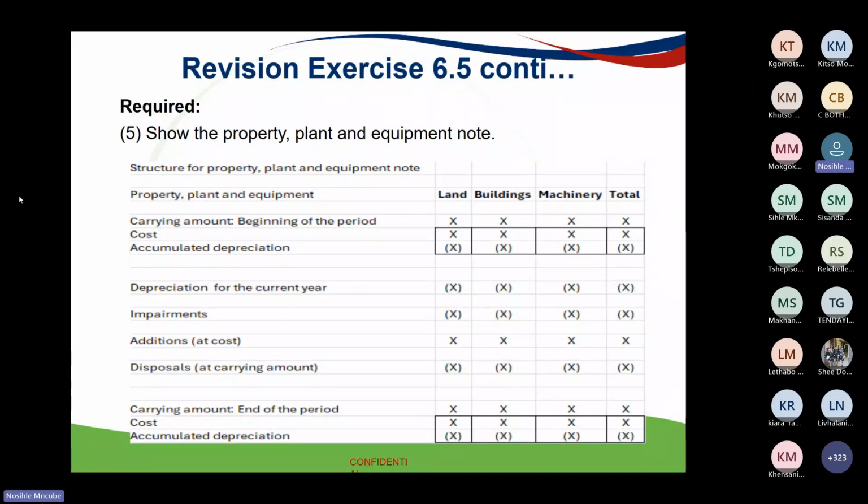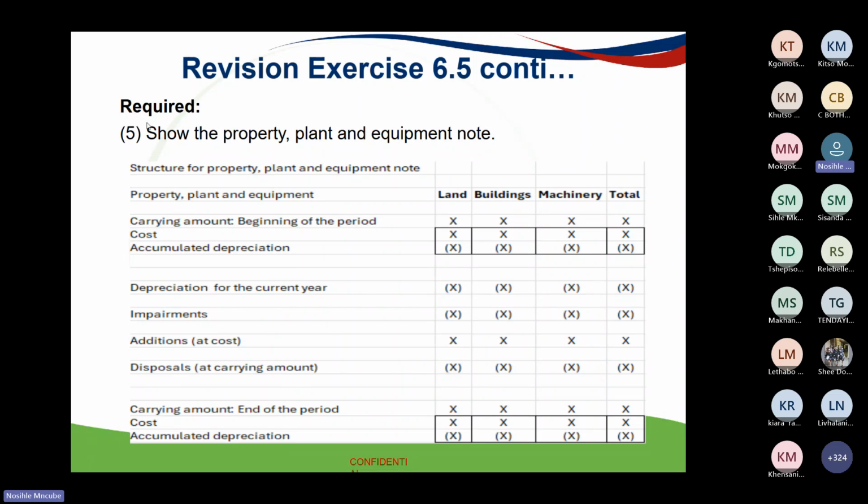Hi everyone. So for now, we will be doing the last question under exercise 6.5. How we'll do this, we'll start with the structure, because the required is actually asking us to show the property, plant and equipment note. This is required number 5.